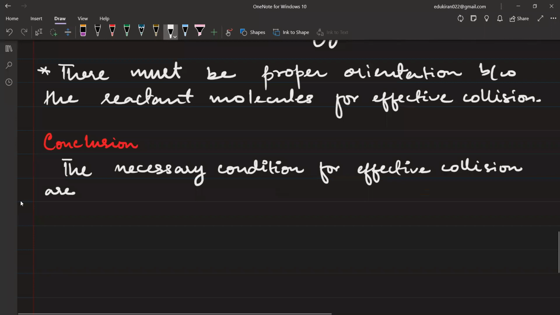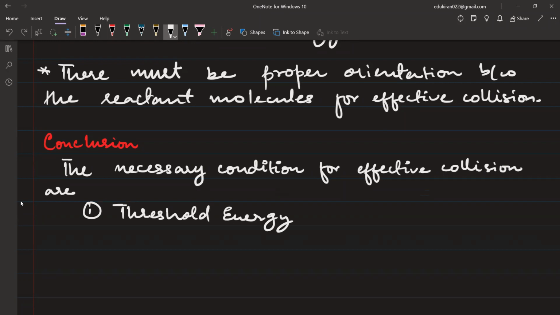Now we are talking about effective collision. So for effective collision, first of all, we should have threshold energy, and secondly, proper orientation.